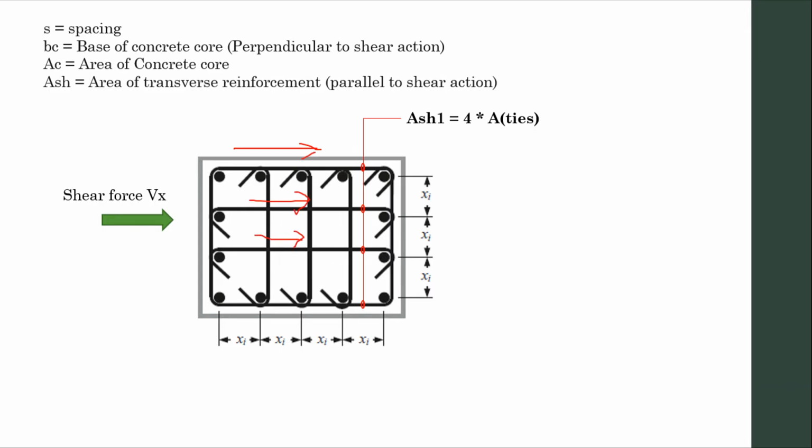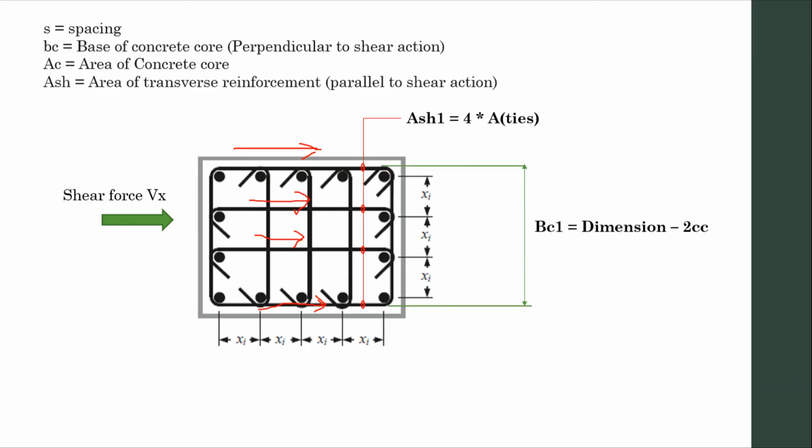So, how many ties are parallel to the shear action? Is it right that it is 4? 4 ties. This one, this one, and this one. So, the area of transverse reinforcement parallel to shear action is 4 times the area of ties.